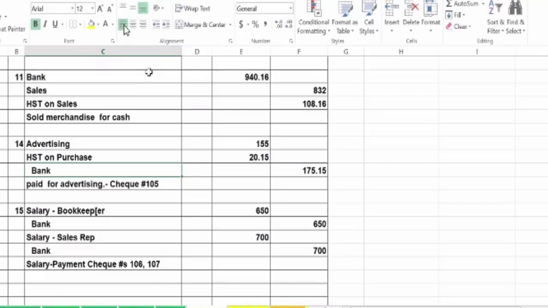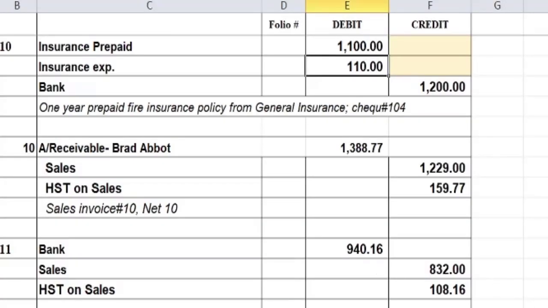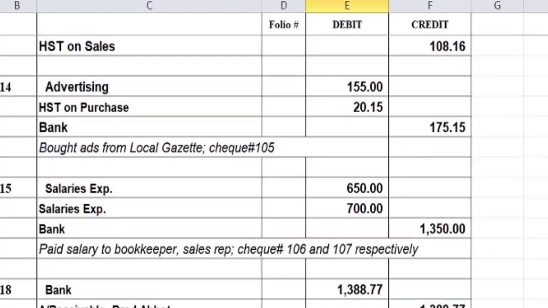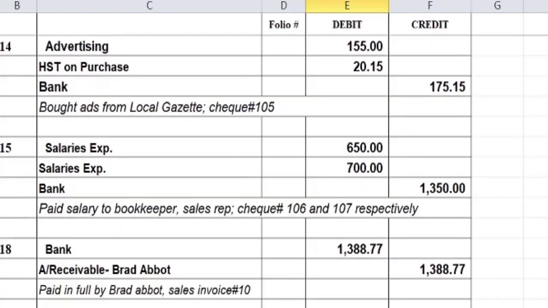Which one are you doing now? October 18th. So received 1,388.77 from Brad Abbott on account for sales invoice number 10. So this time we'll debit the bank, and then we'll credit the accounts receivable from Brad Abbott.